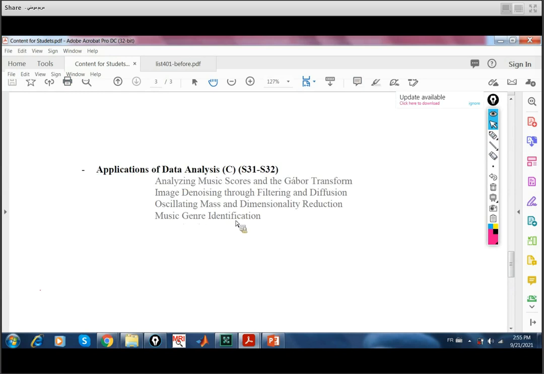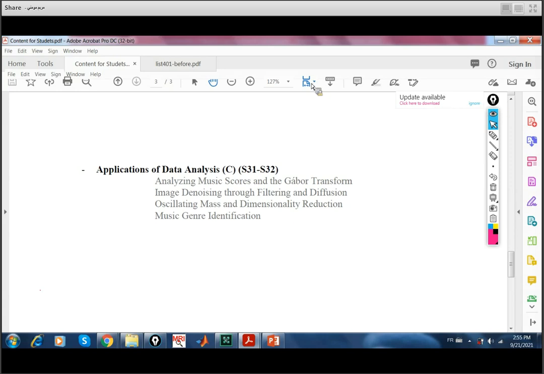For example, music genre identification, oscillating mass and dimensionality reduction, image denoising through filtering and diffusion, analyzing music scores, and the Gabor transform. We will see the application using these algorithms.